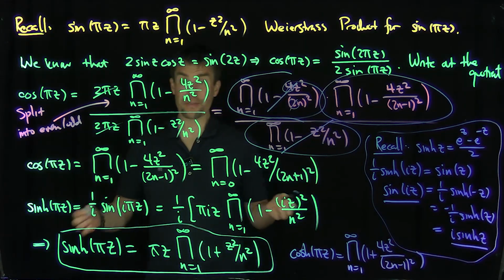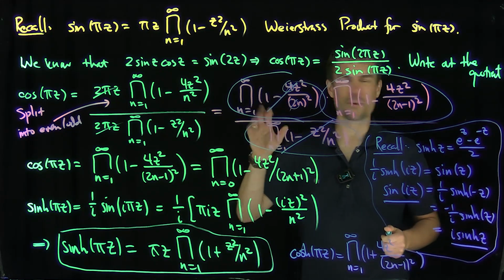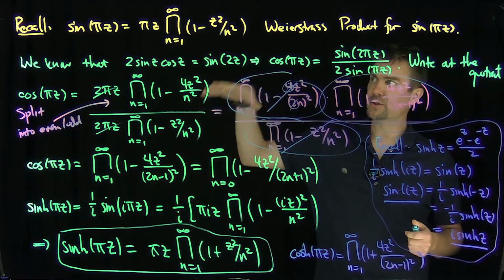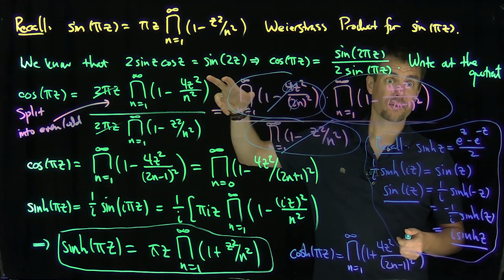So I was able to get 3 other Weierstrass products just by manipulating the one for sine. Very, very cool. You can also do the same trick for Bessel functions. In further videos, we'll delve into Bessel functions and their Weierstrass factorization and how we can tie that in with some of the connections we made in differential equations.